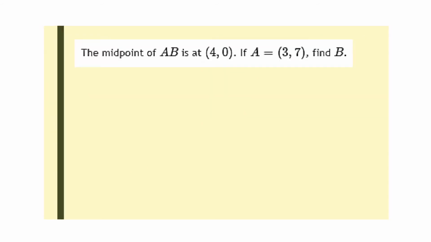Okay, the very last problem. If I've got an A and a B, here's an A, here's a B, and then my midpoint is M. Those two pieces are the same size. It says the midpoint of AB is given as 4, 0.